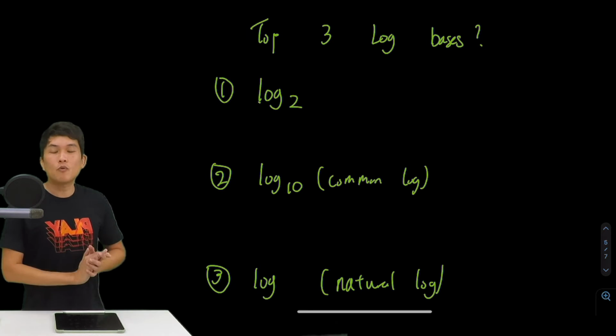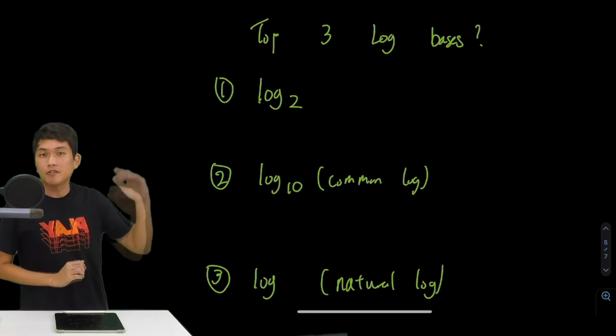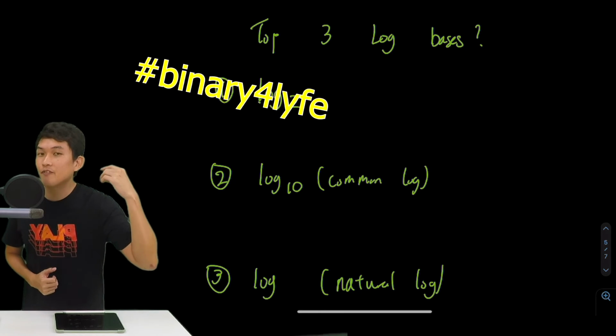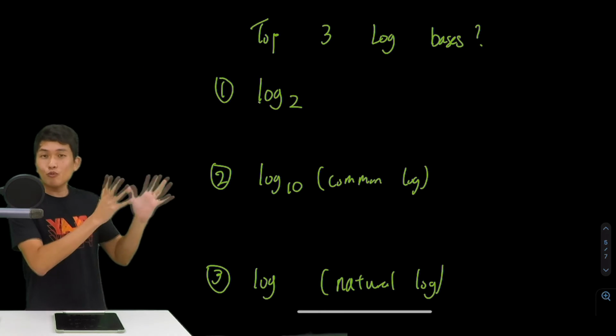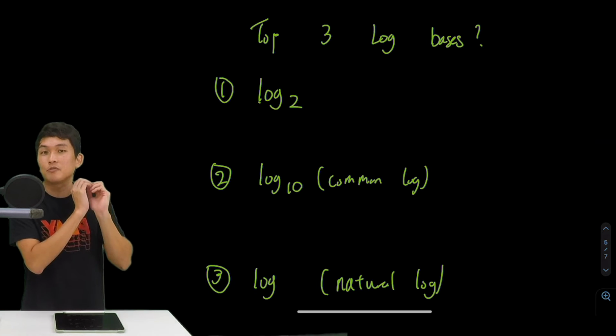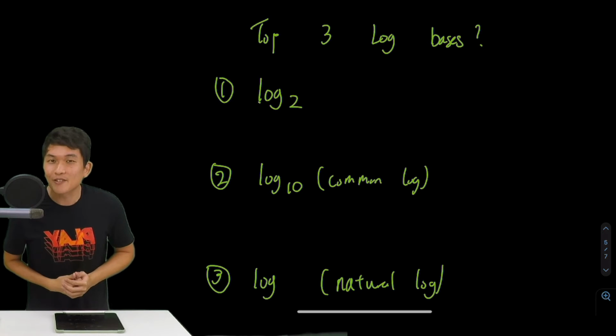Okay, so number 1, not that it's the most popular, but I just want to let you know one of the popular bases that we like to use is 2, log base 2, binary for life. Okay, so if the people from the United States use the US dollar, then who uses log base 2, right?